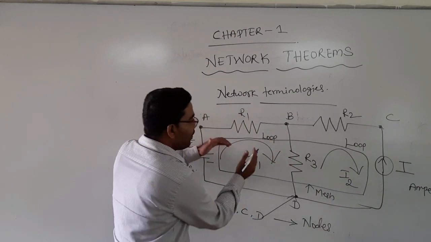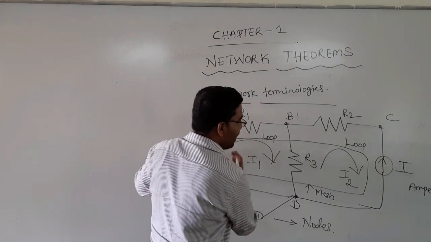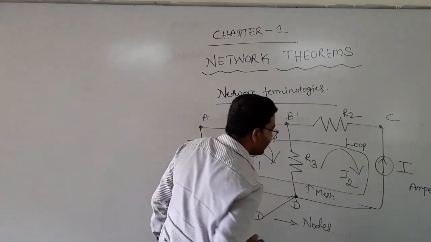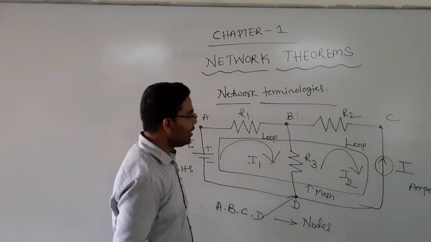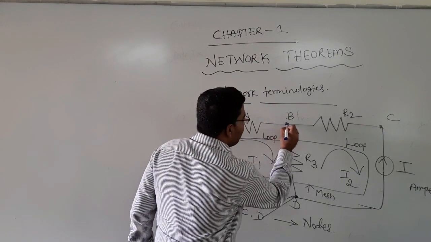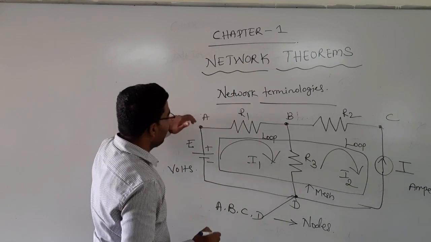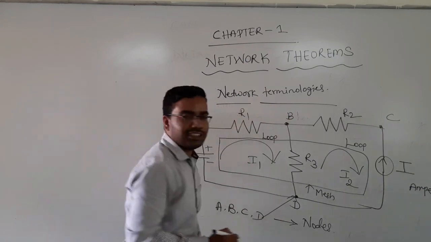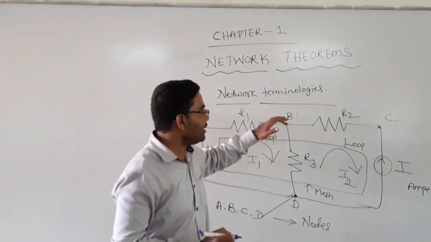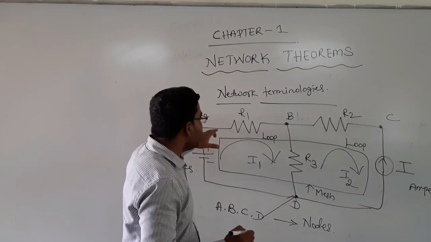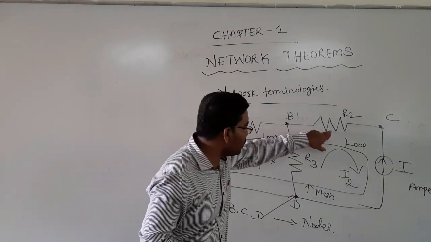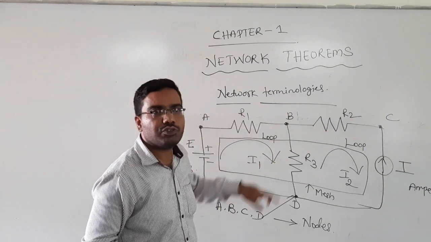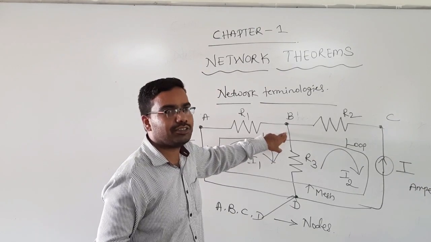So a loop is separated with the help of a resistor, but a mesh cannot be separated. Then this is point B. Point B is also called a junction, because R1, R2 and R3 meet at that point.